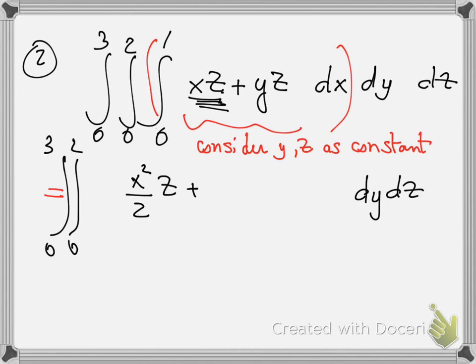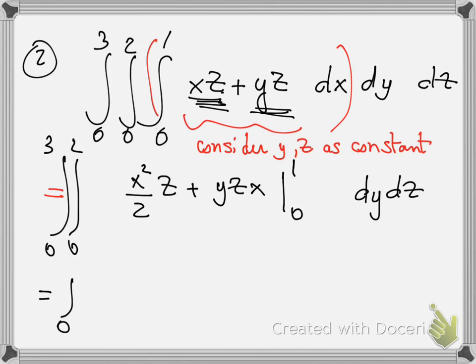Now next, y times z. Both y and z are constant, so yz would also be a constant. And what's the integral of a constant with respect to x? That will be the constant times x, so yz times x. Then you evaluate between 1 and 0, so you replace x by 1 and then x by 0.